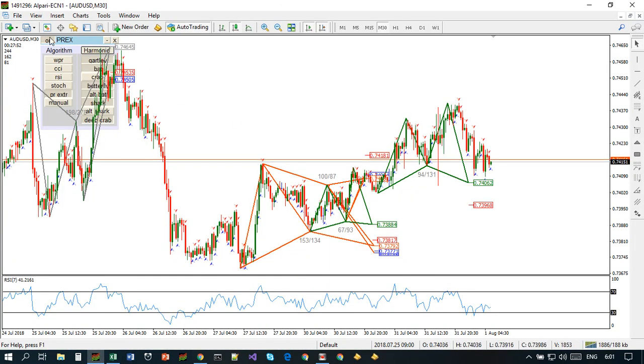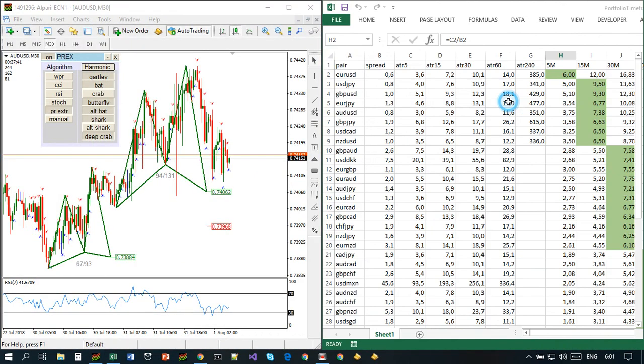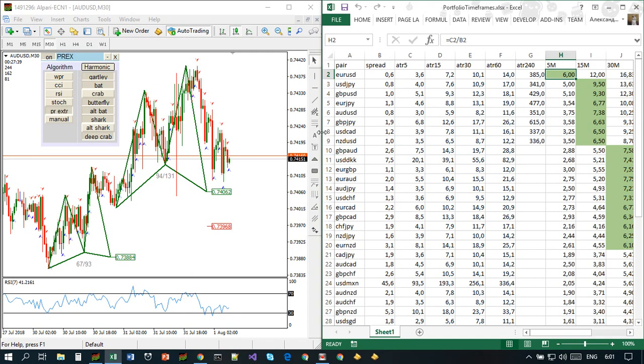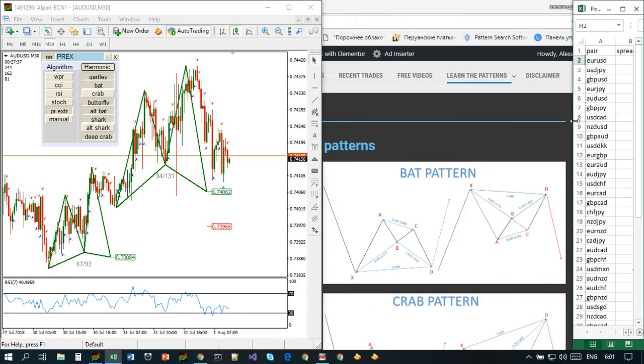What do we have? Aussie dollar, 30 minutes, a potential shark pattern if you ignore this spike to the downside. Here's the list. I will arrange that in side-by-side windows.